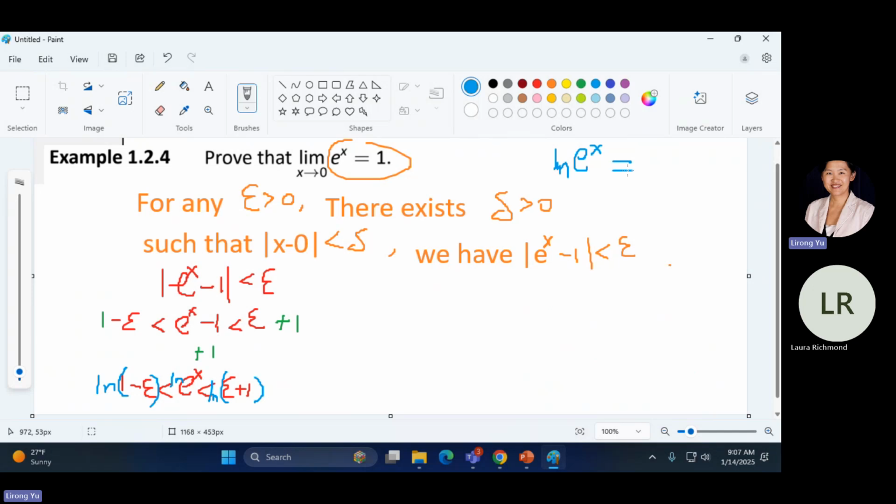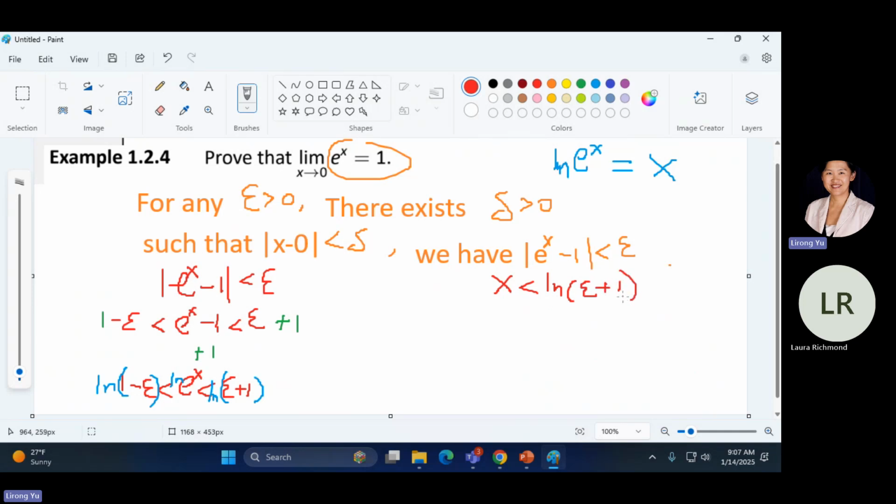Base e logarithm is ln, and base of the exponential function is e. So they are inverse of each other, so they cancel each other. So then this equals x. Once you take a natural log of e to the x, it's x. The middle one is just x. And we end up having x in the middle. The right side is natural log of epsilon plus 1.